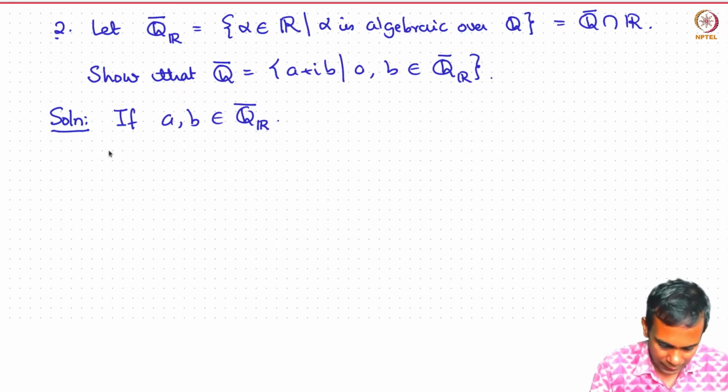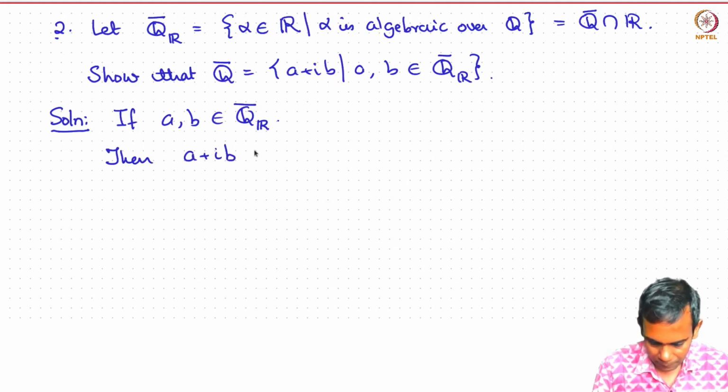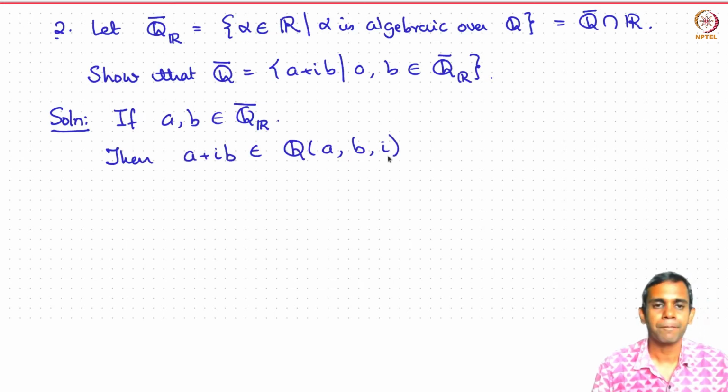Then a plus ib belongs to the field generated by Q, a, b and i.